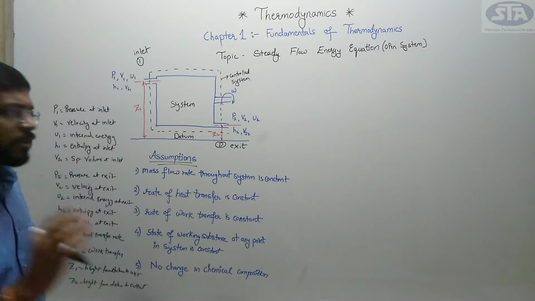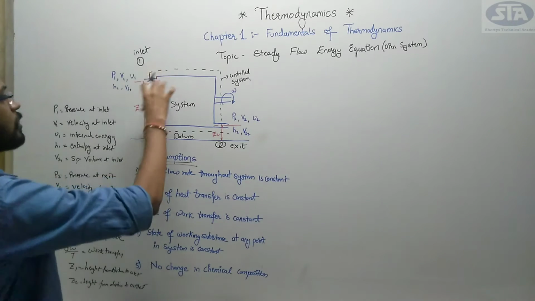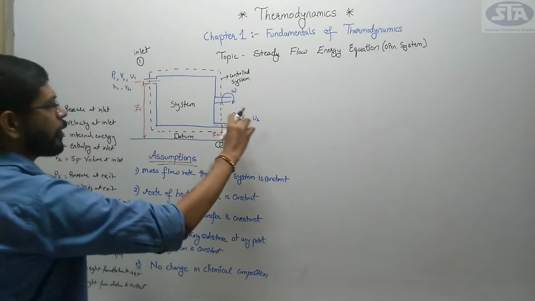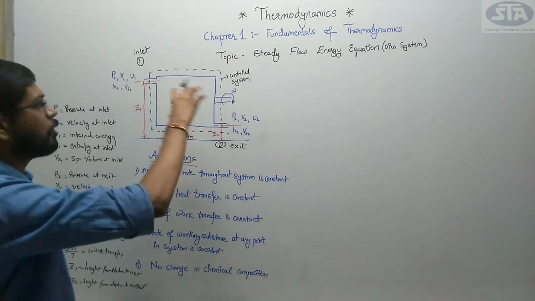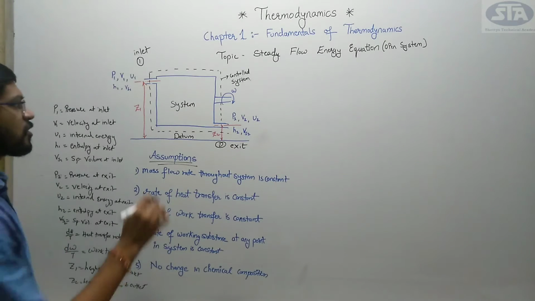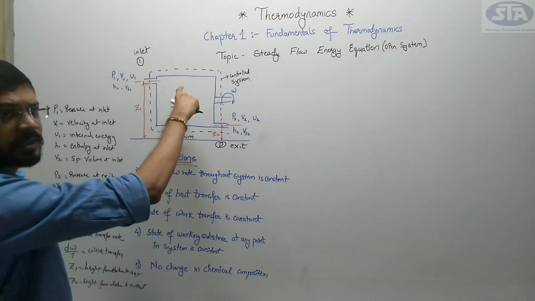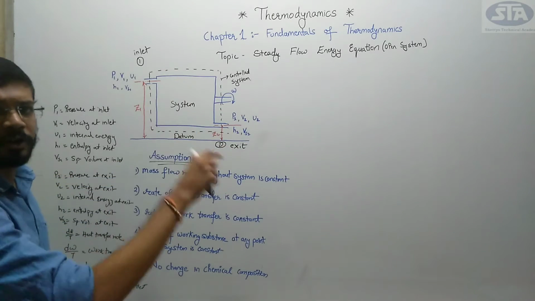First, the mass flow rate throughout the system is constant, means the mass flowing from point 1 to point 2 in this whole system, the mass flow is constant. Second, rate of heat transfer is constant, means the heat transfer from point 1 entering into the system and leaving the system, it is constant.